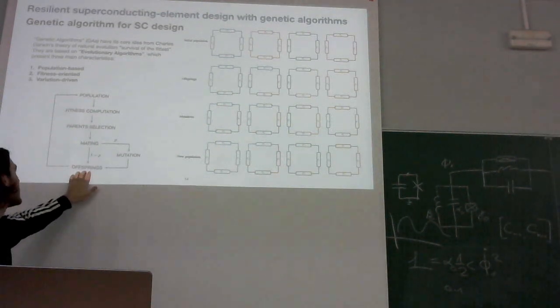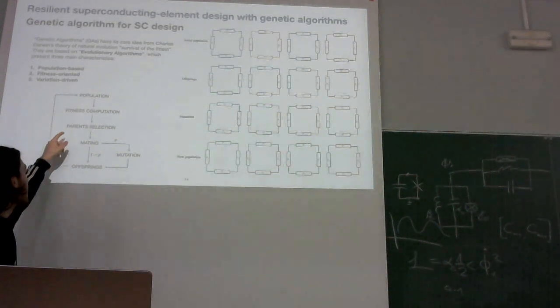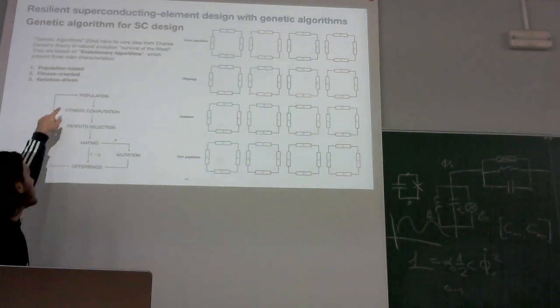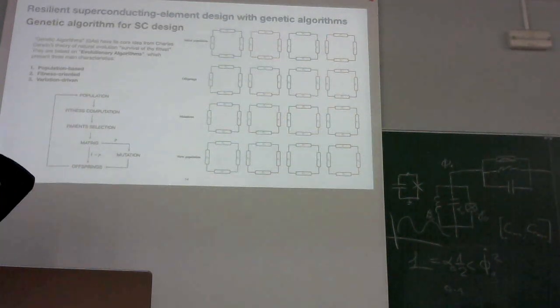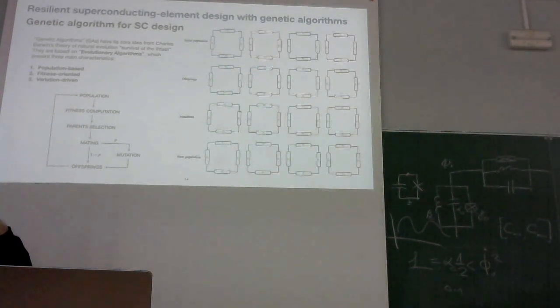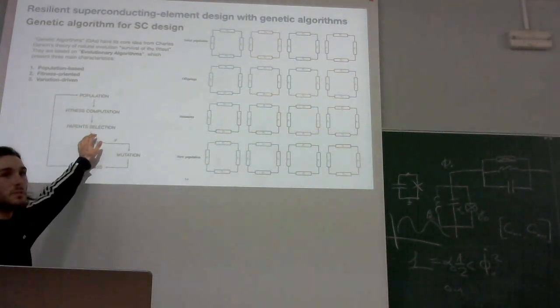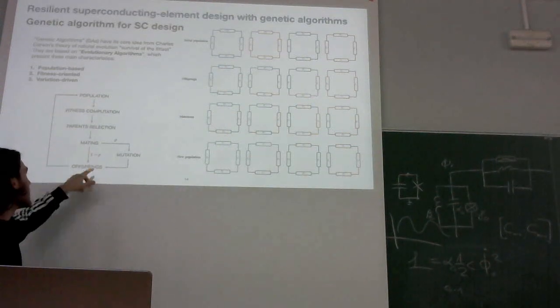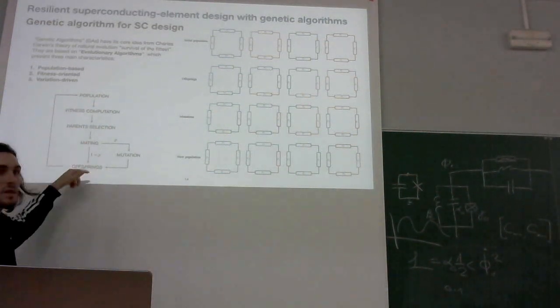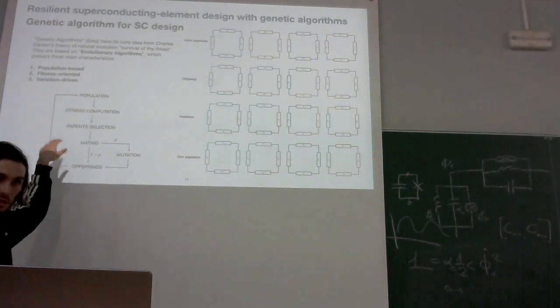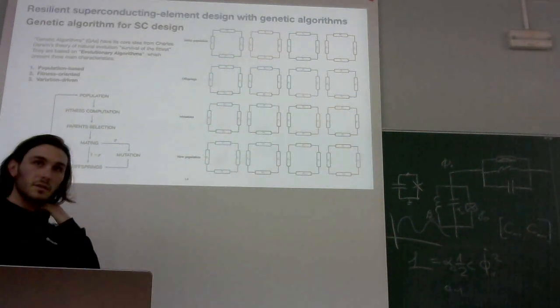And then by combining the offspring and the parents of the generation, we generate the next population, the initial population for the next step. This way, by selecting the parents, we always keep the best solutions, and we generate new ones out of the best solutions. And we repeat this process for many generations.